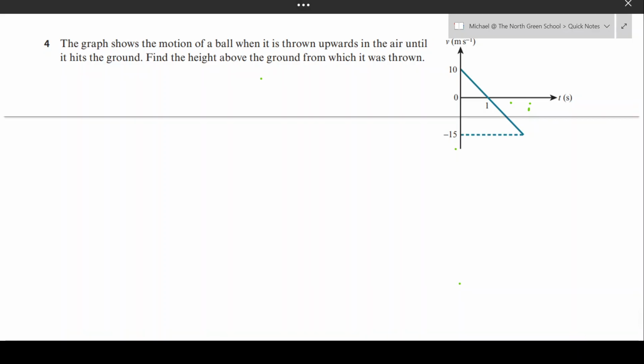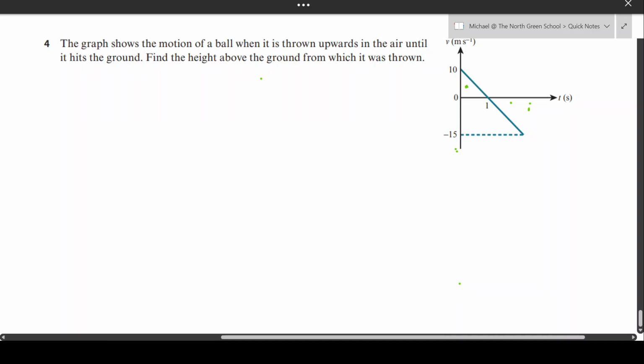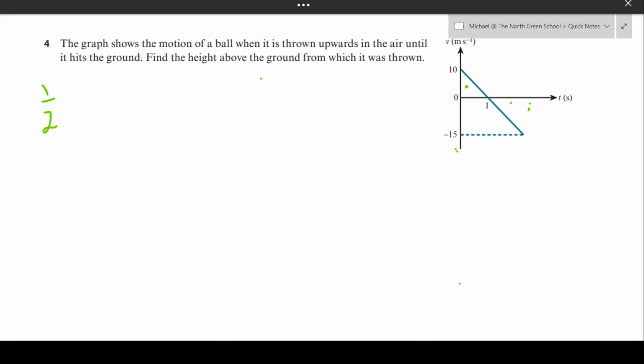This is just a triangle, and we've got 10 and we've got 1. The area will be a half times the base times the height. So a half times the 1 times the 10, which will give us 5. So this area right there is 5. That tells us that maybe you're at a window, you threw it up 5 meters.